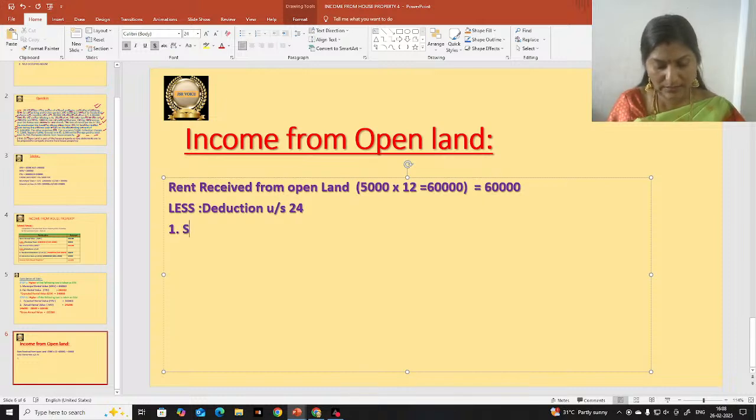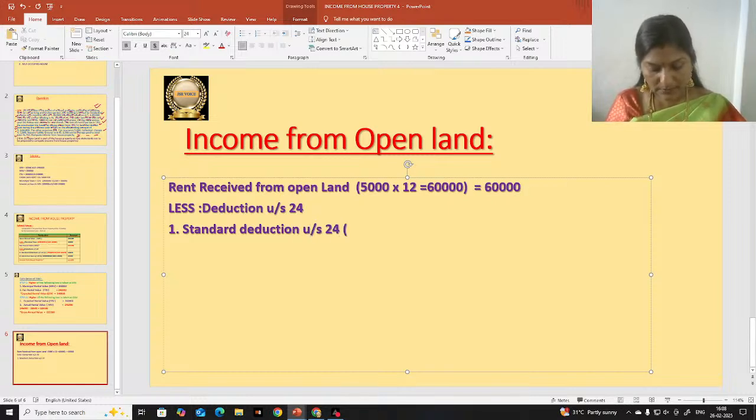He can get only the standard deduction. Standard deduction or statutory deduction, both are the same. Standard deduction under section 24, subsection A. How much can we give? We can give 30%.